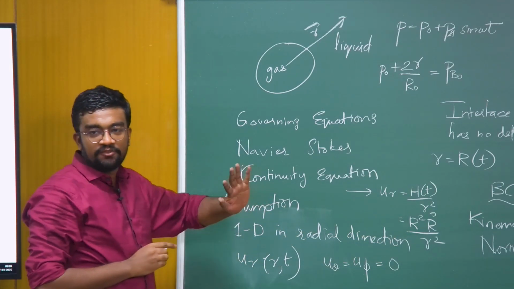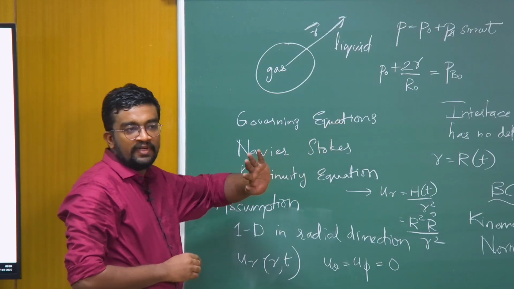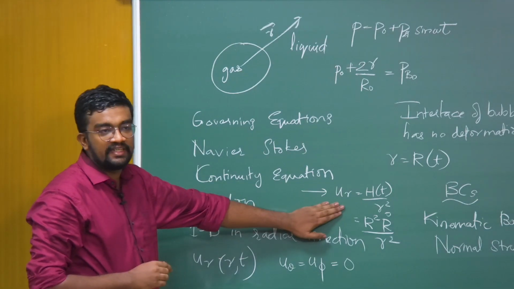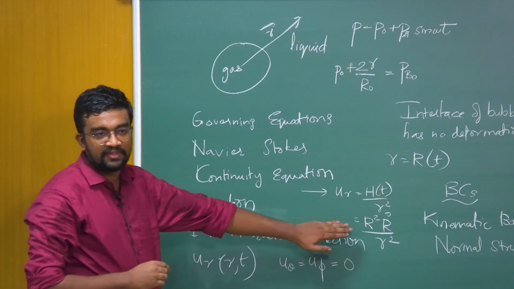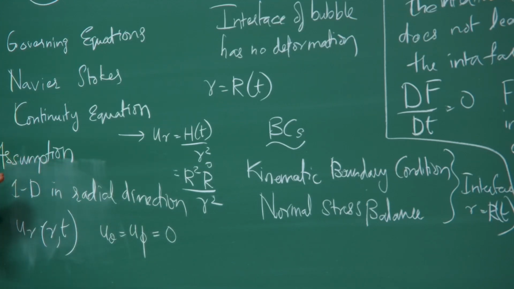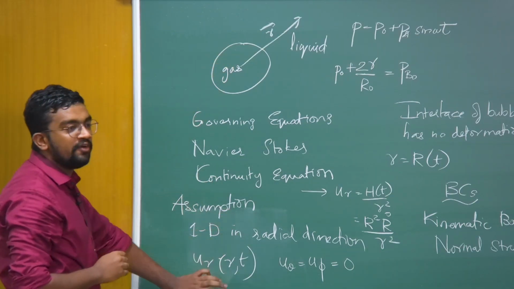We seek to find the variation of the velocity with respect to time alone. So we need to express the Navier-Stokes equation in terms of this R square R dot by small r square. We substituted this value in the Navier-Stokes equation and simplified it, followed by integration along the liquid domain, and finally we got one expression.